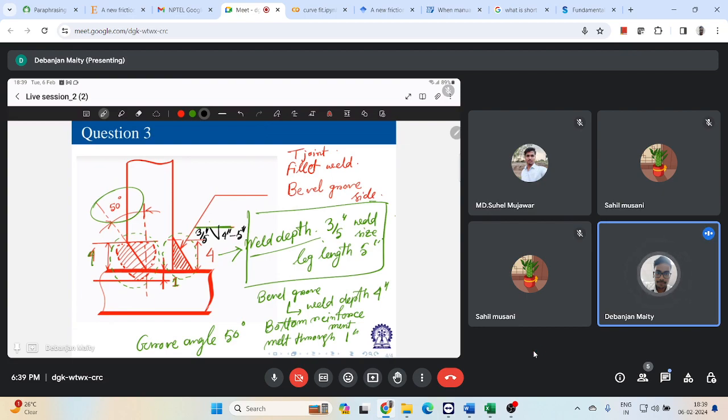And the other side, which is my second operation, will be mentioned at the top of this reference line, correct? So it will have a melt through, which I have kept as 1 inch. Then this is a bevel groove side joint, which has a depth of 4 inch and a 50-degree groove angle.